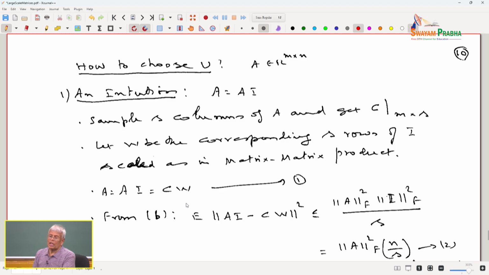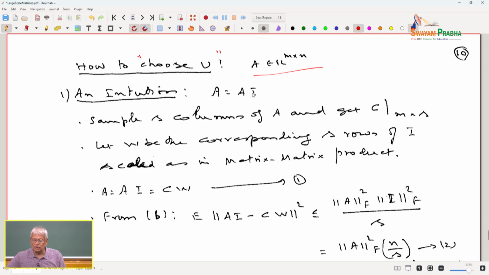So, the whole question now reduces to how to choose U. Please remember A is m by n. I am now going to talk about an intuitive idea using which we can derive a good algorithm.